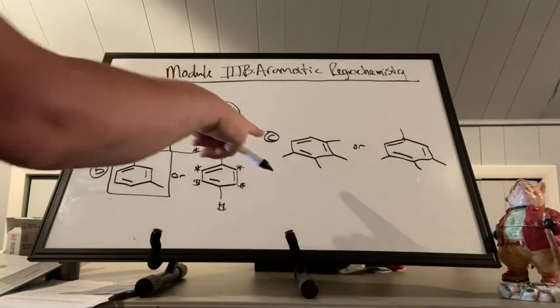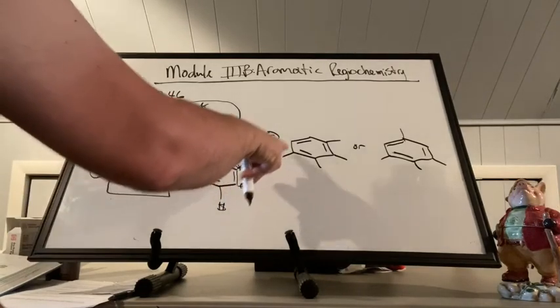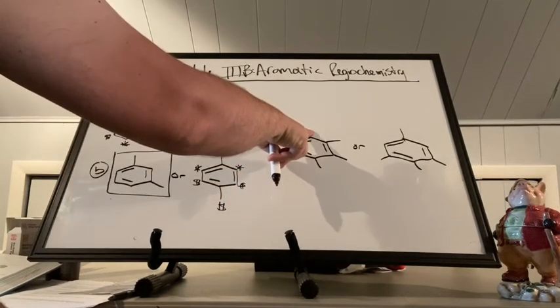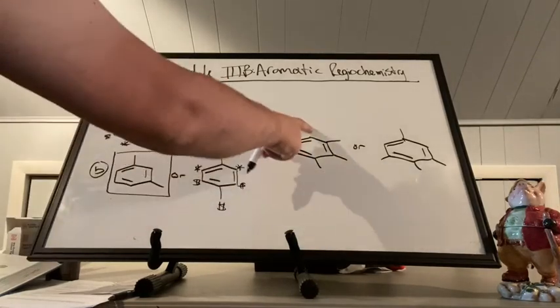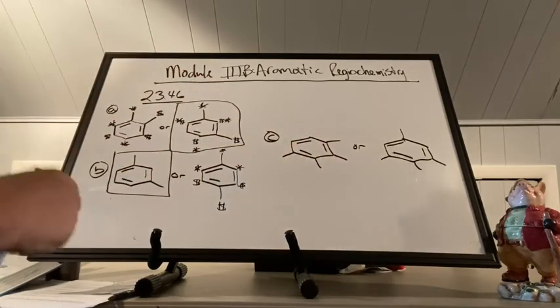Now we have tetrasubstituted for C for both instances. So we have two sites for each one, and we're going to see which one of those is going to be most activated. This is not going to activate this particular carbon. This is not, this is.